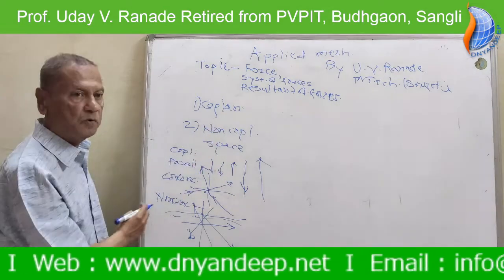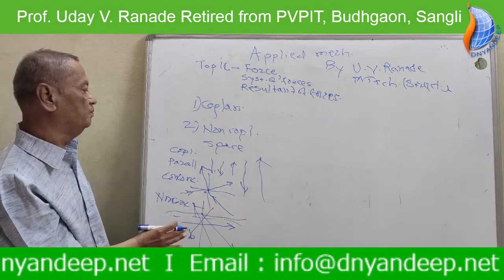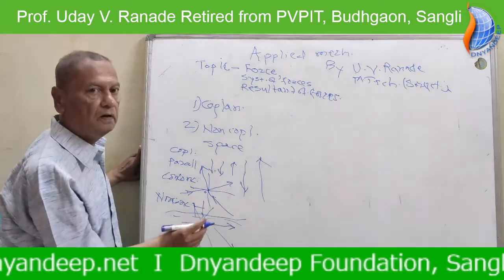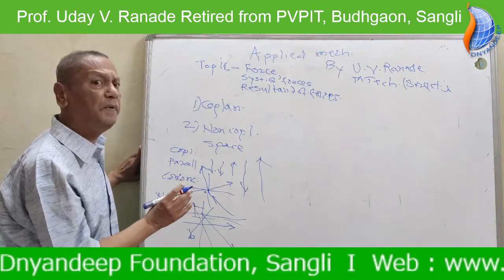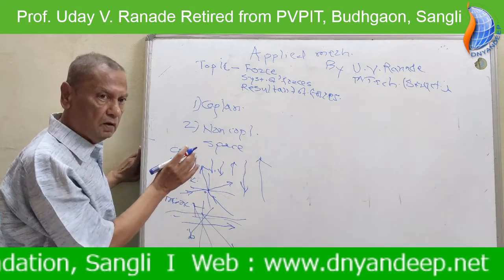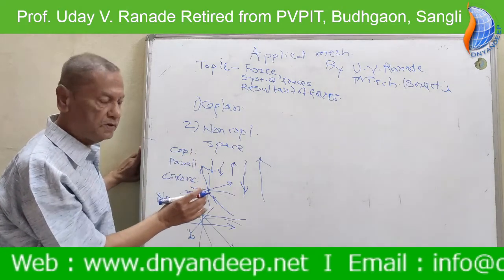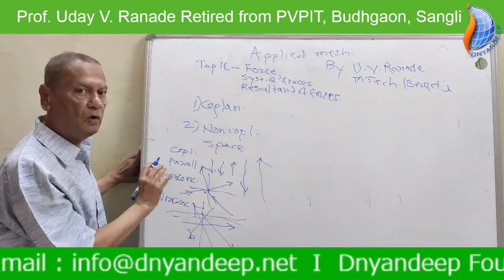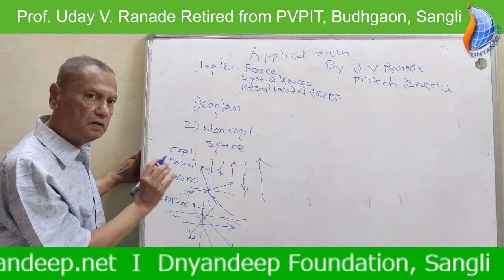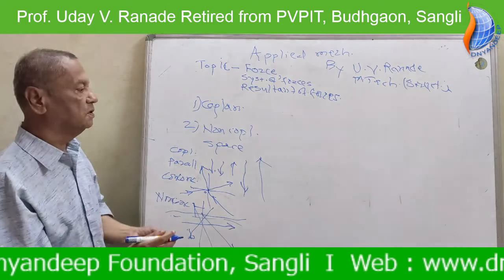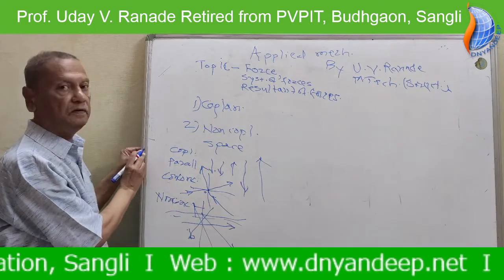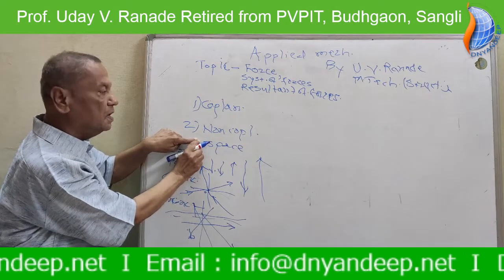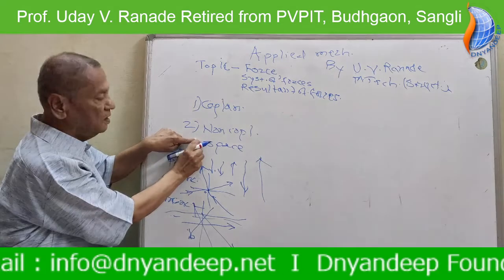non-coplanar or space forces. Now these are similar forces. How? See. For example, this is little bit difficult to understand, but actually in practice or in your syllabus or in your problems, these non-coplanar or space forces problems are not there in your syllabus, but for theory purpose I am explaining. Suppose this is the point. Now all forces are passing through same point, that is this point.